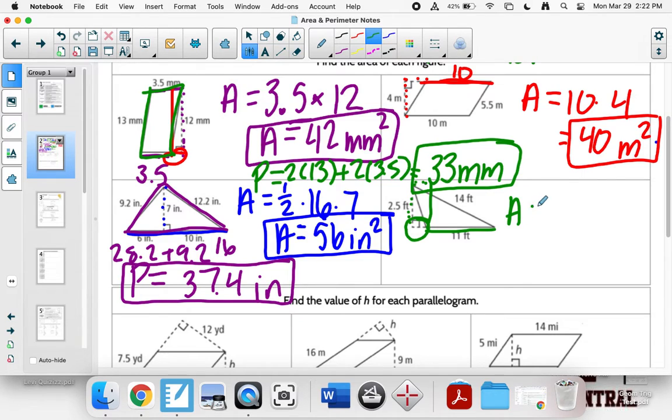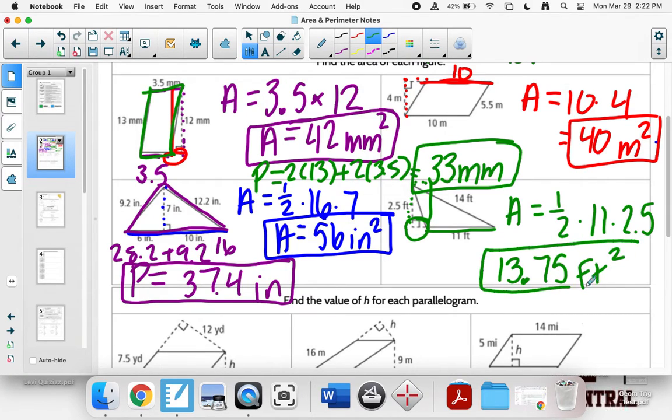So our area formula is half times our base, 11, times our height, 2.5. So 5.5 times 2.5 is how much? 13.75. And then what would our label be? Feet squared. So that's our area.